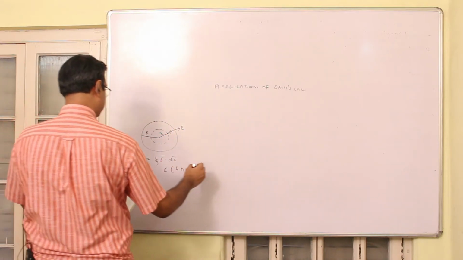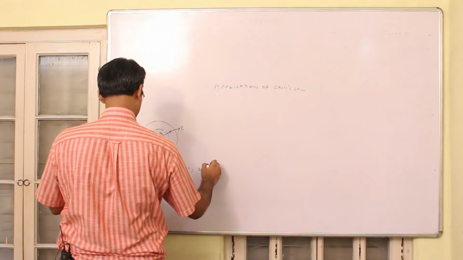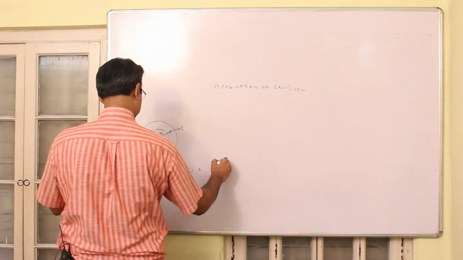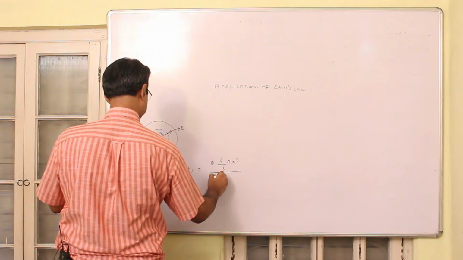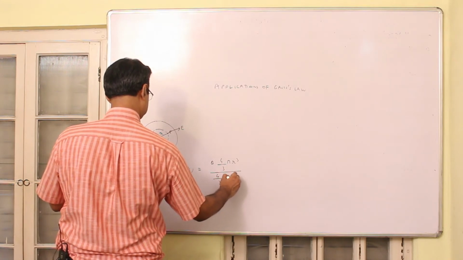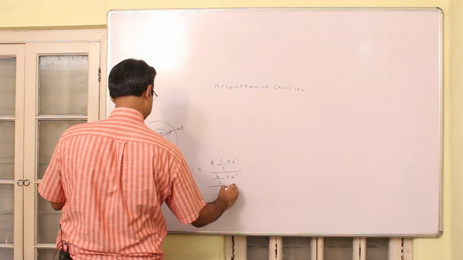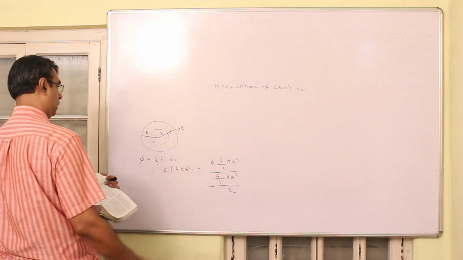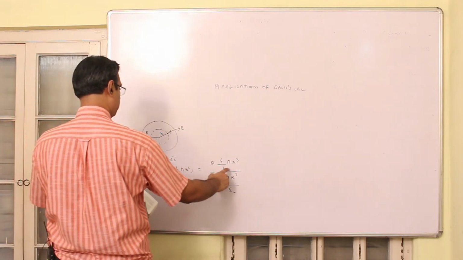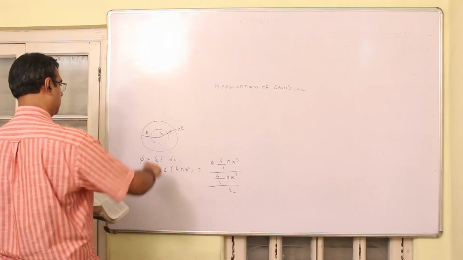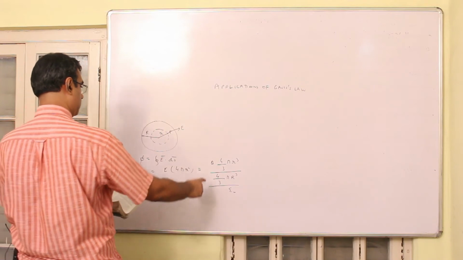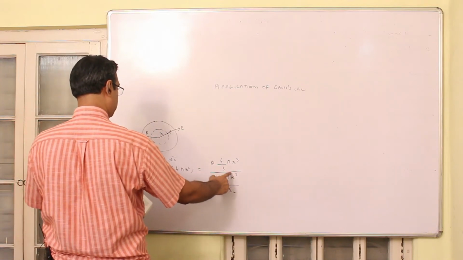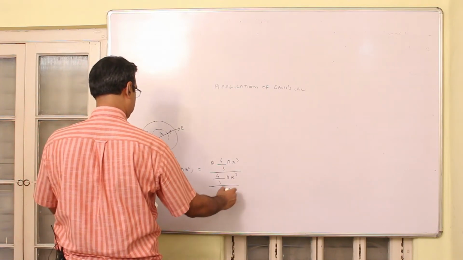Now for this particular diagram, the enclosed charge we can calculate like this. For this dotted sphere, the volume is 4/3 pi small r cubed, and for the big sphere it is 4/3 pi capital R cubed. So Q by 4/3 pi capital R cubed into 4/3 pi small r cubed by epsilon naught.